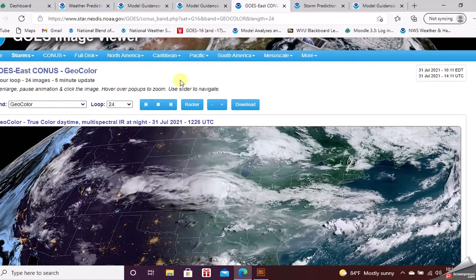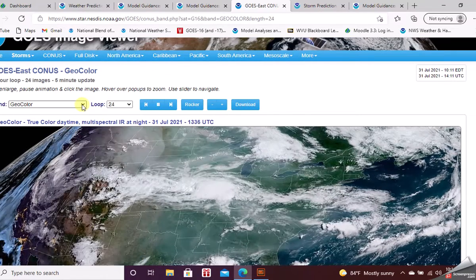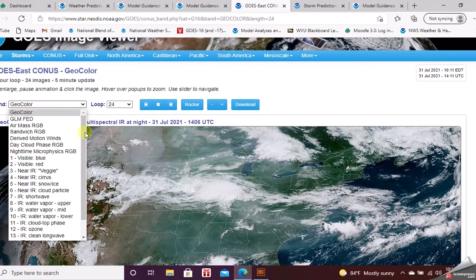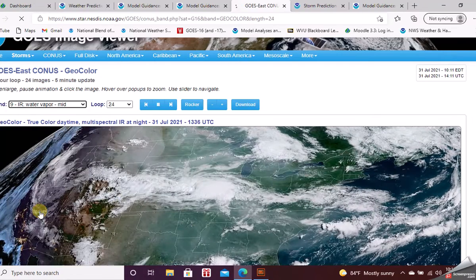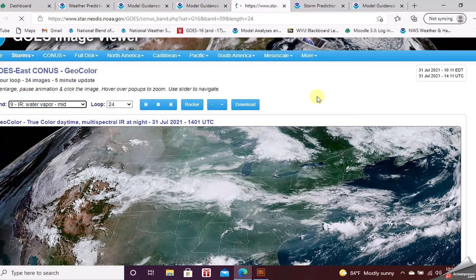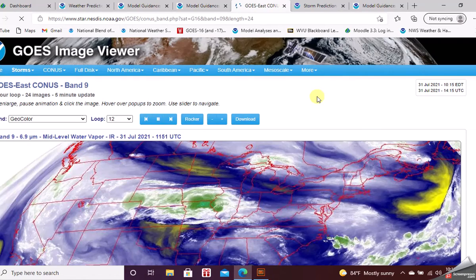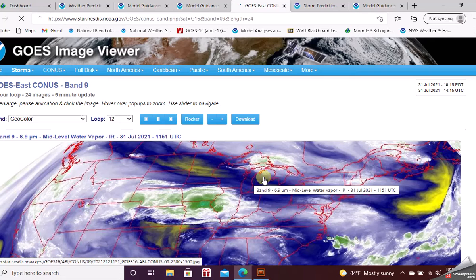And one of the other things I like to look at is just water vapor. And we'll see if we can get that up quickly. Mainly I want to see where jet streams might be, where the features that are impacting us might be. Here it looks like a little bit of dry air, so there's probably some kind of a jet stream here.